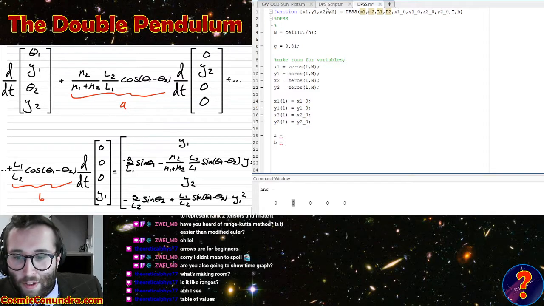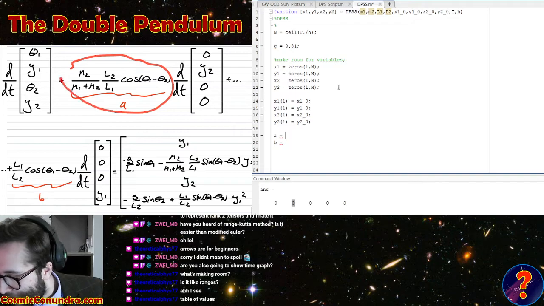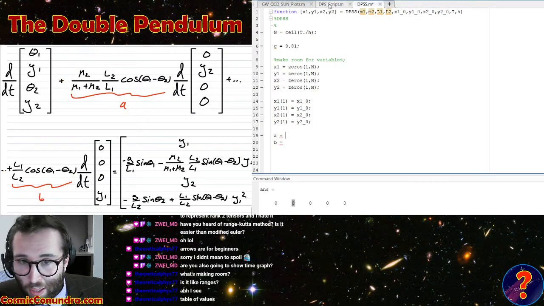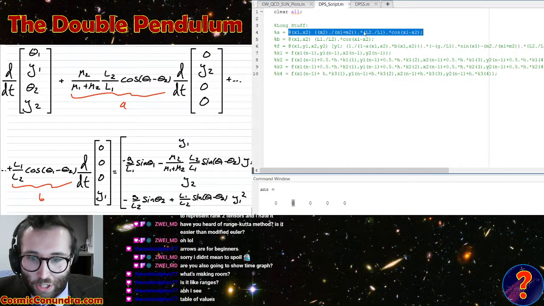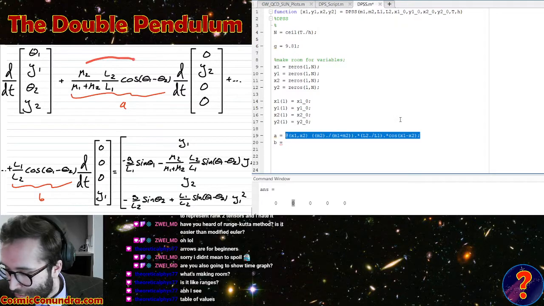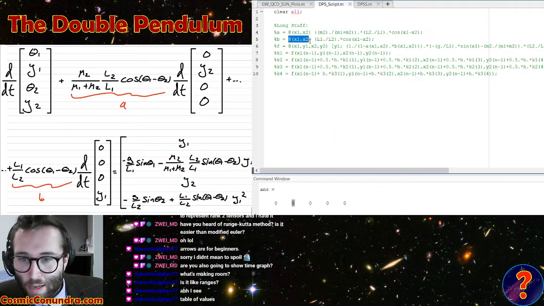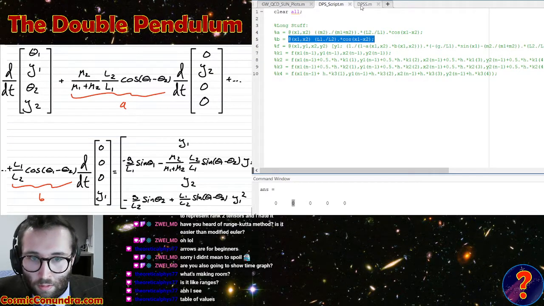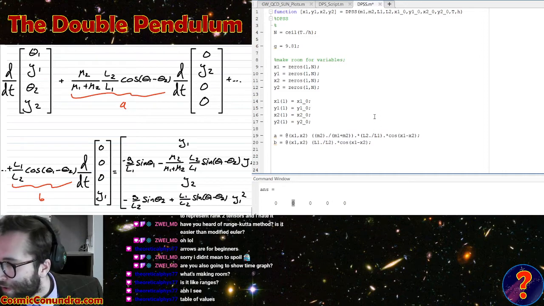In fact, the expressions for A and B, this expression here is the one for A, this expression here is the one for B, are two of these long things that I wrote down earlier. So this is just to avoid any typing error. This is what function A is. As you can see, it agrees with what is written here. And then function B is this. Okay, these are the functions A and B.